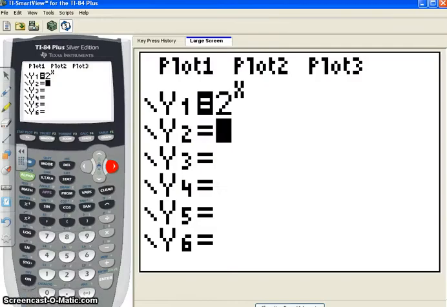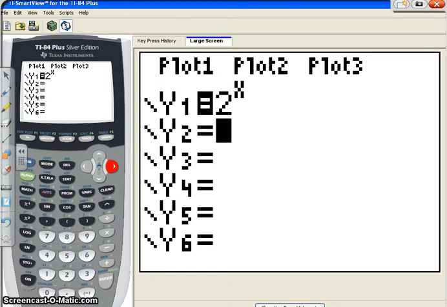In your y1, go ahead and type in our exponential function, 2 to the x. And then in y2, we'll try typing in our log curve. Hopefully on your graphing calculator, you've noticed there is a log button. It's right here next to the 7. Now this log button is log base 10, but the graph we want is log base 2.